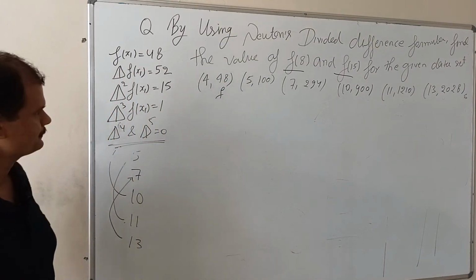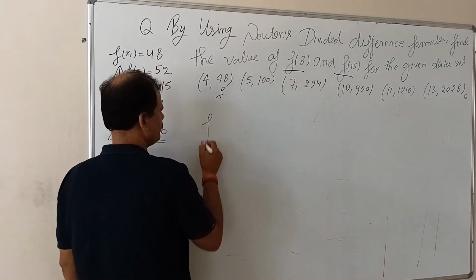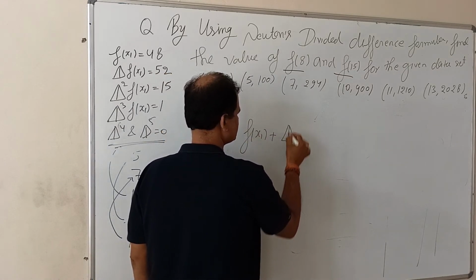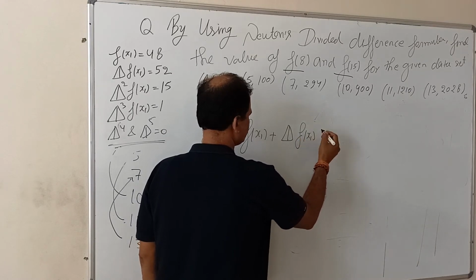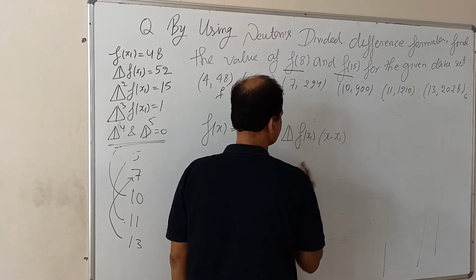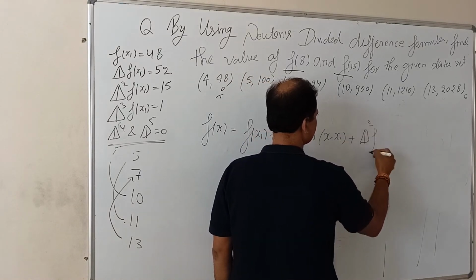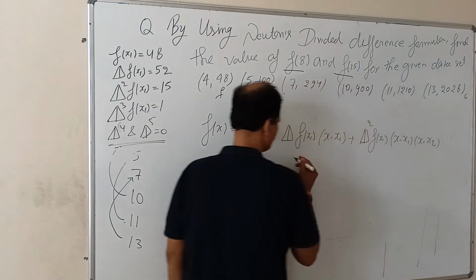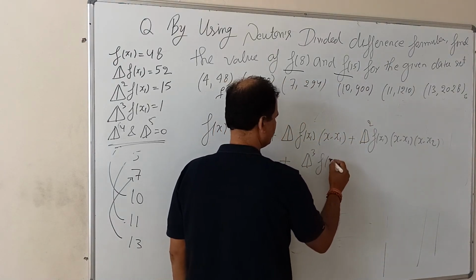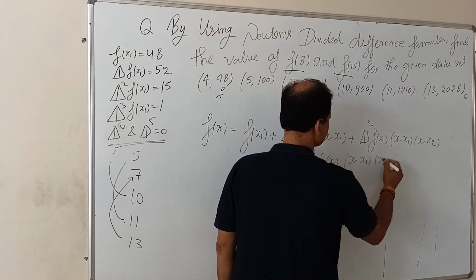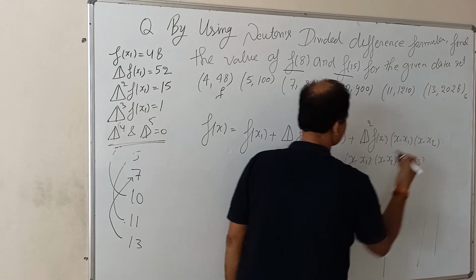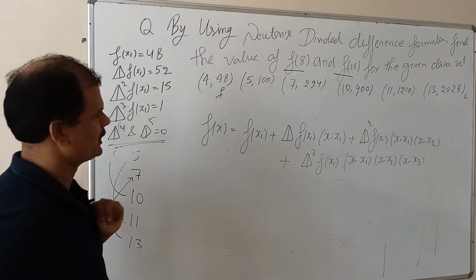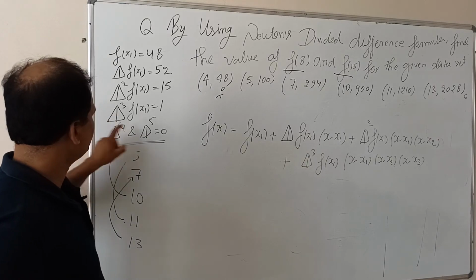So let me write the difference formula. f of x equal to f of x1 plus del f x1 into x minus x1 plus del square f at x1 into x minus x1 into x minus x2 plus del 3 f at x1 into x minus x1, x minus x2, x minus x3, and there is no del 4 and del 5 because both are 0 only. So there are 4 terms here.